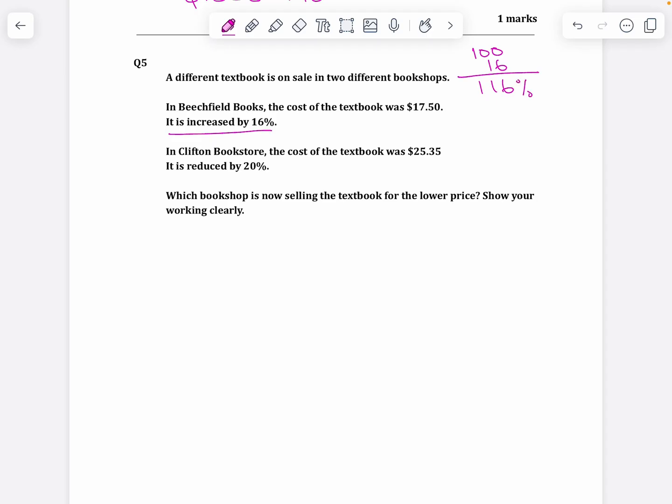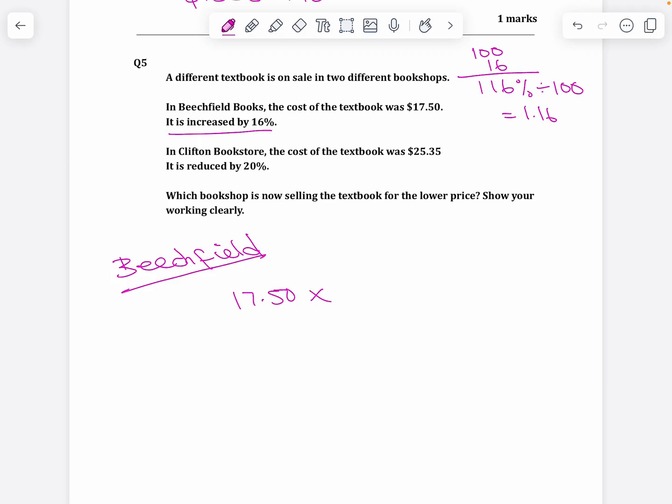We turn it into a decimal by dividing by 100, which gives you 1.16. So to do a 16% increase, we're going to multiply by 1.16.